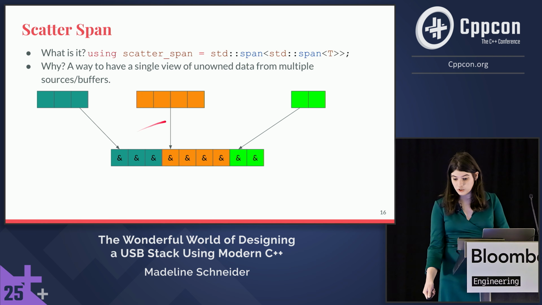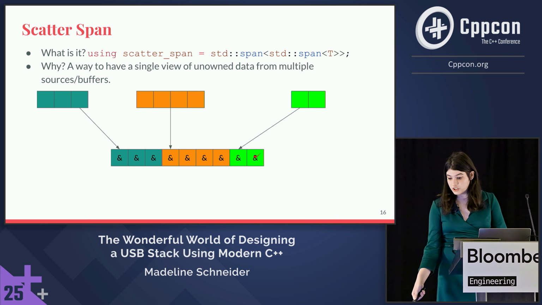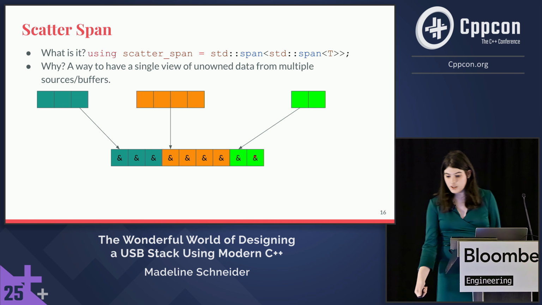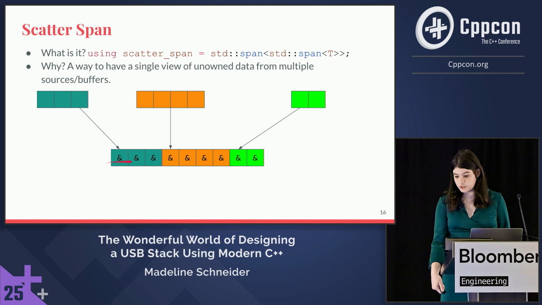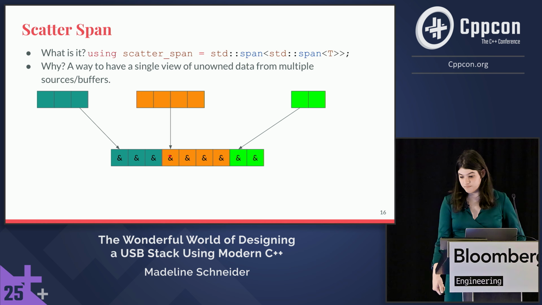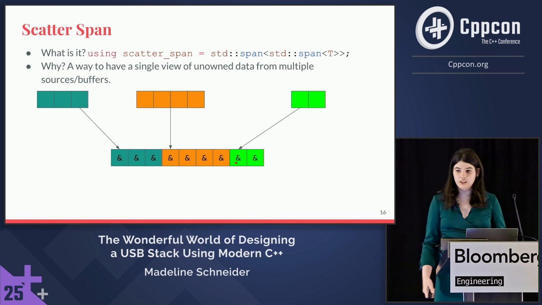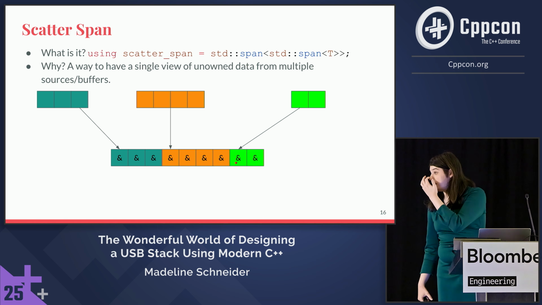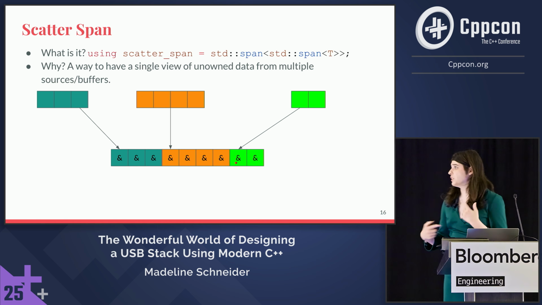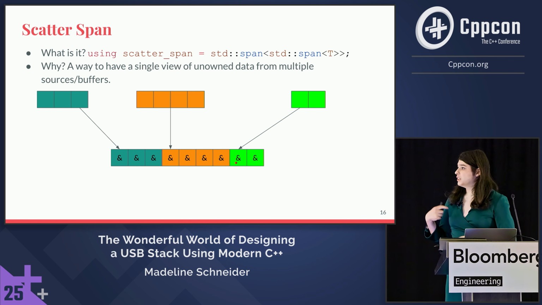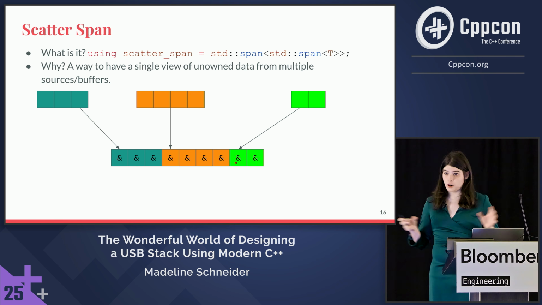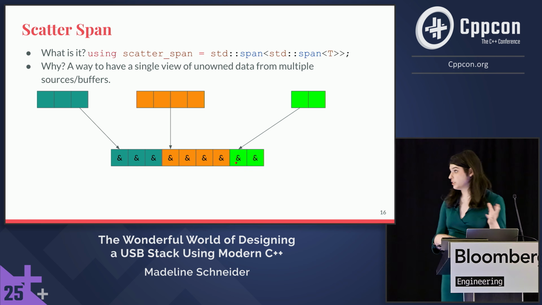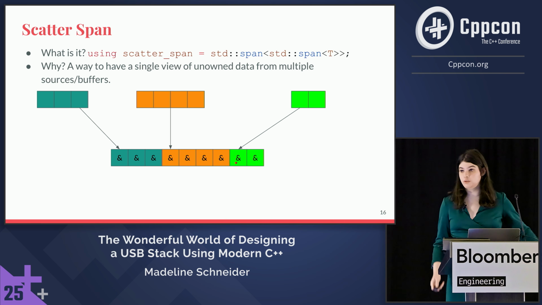But if I wanted to take a look at them as if they were one singular payload, then I would use a scatter span, which would have a view into all of them. In reality, of course, this is just a two-dimensional span, but having this nice abstraction is nice, especially if you need to compose payloads together to be sent off somewhere, which we'll get to in a bit.